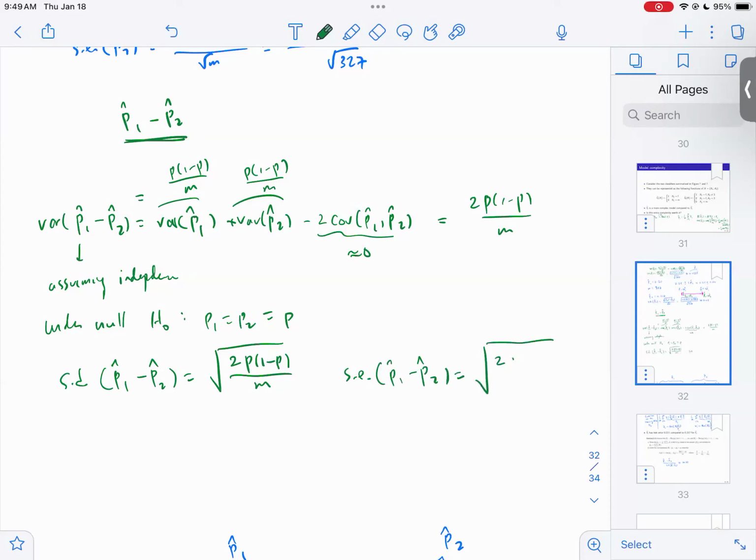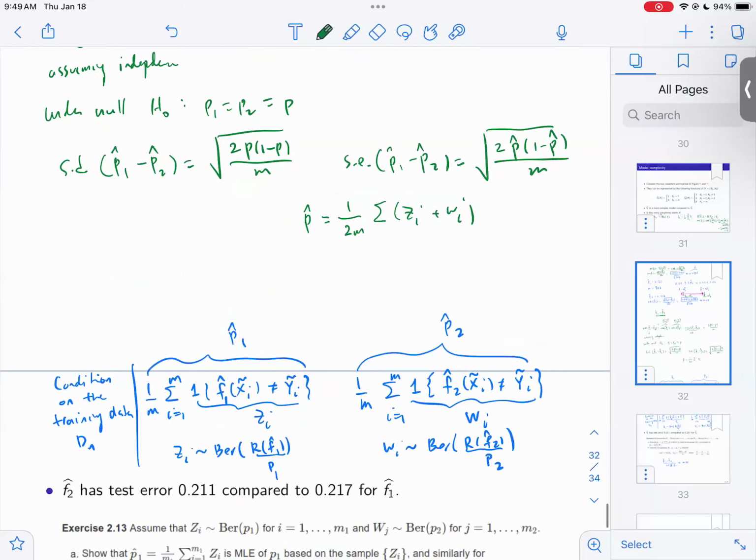If I have an estimate of P under the null, I can combine everything. Because I know they have the same P under the null, I can form, instead of p hat 1 and p hat 2, an estimate like 1 over 2M times the summation of Z_i plus W_i, where W_i are from the other estimator. If you do this, it turns out to be 1/2 (p hat 1 plus p hat 2).